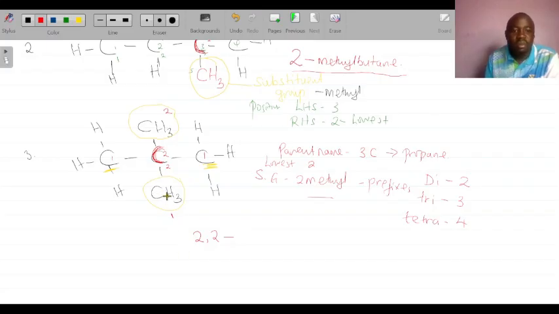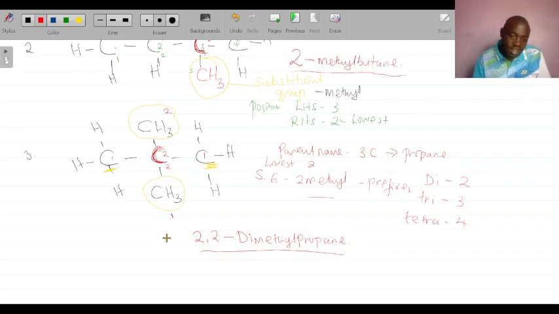What is the name of our substituent group? It's a methyl. But how many are they? There are 2. So which prefix do we use? Di. So we shall say dimethyl. Then we ask ourselves, what is the parent name? In this case, propane. And that becomes our third isomer.